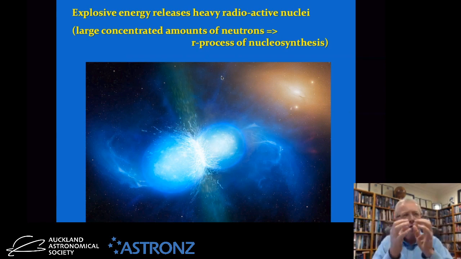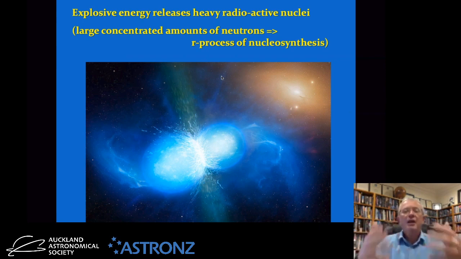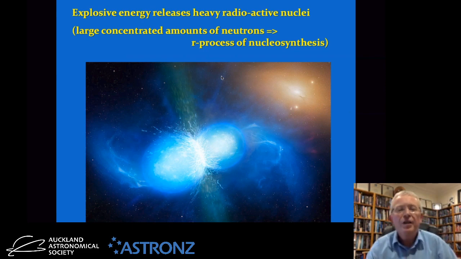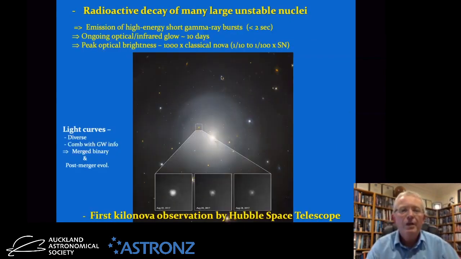And suddenly you get these real large nuclei, and these large nuclei then become unstable, radioactive, and they start falling to bits. They release high amounts of energy, in particular light, when they do this. So there they are. That's the merging. The neutrons are all getting captured together in the rapid or R process, giving huge amounts of unstable large nuclei, and you start getting gamma ray bursts.